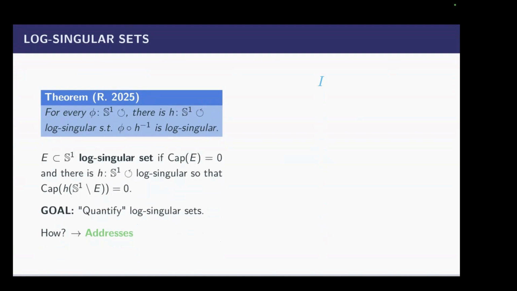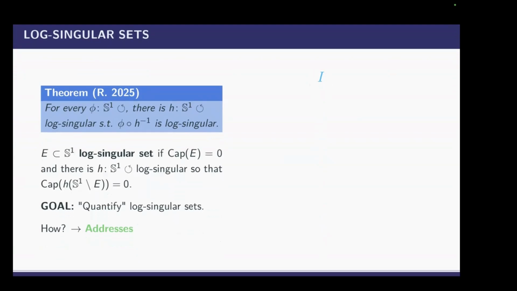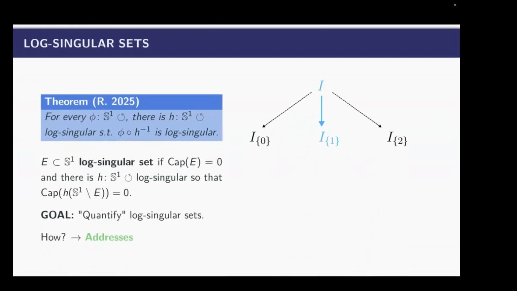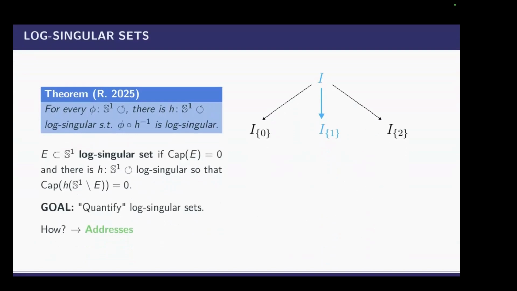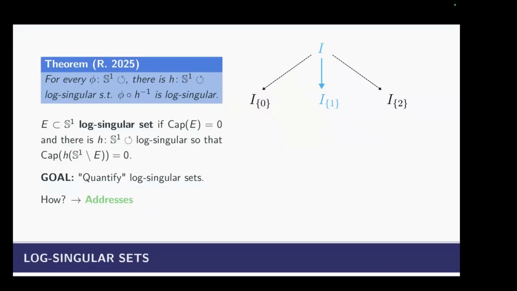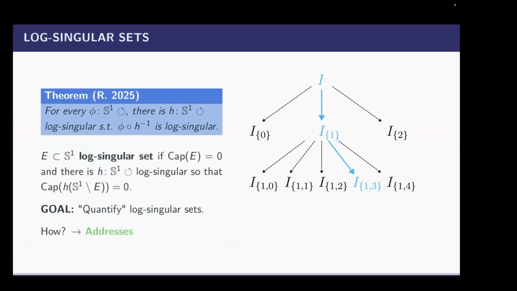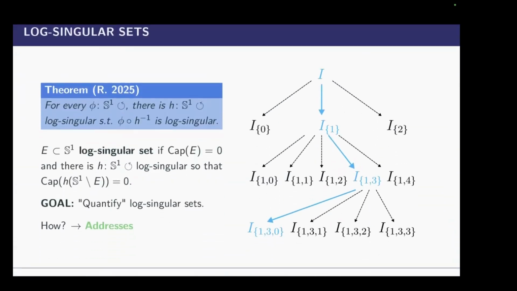If you give me an interval or an arc, then what I can do is decompose it into a certain number of intervals or arcs, so that they have disjoint interiors and their closures add up together to the whole thing. And then I keep iterating this procedure, going farther and farther.